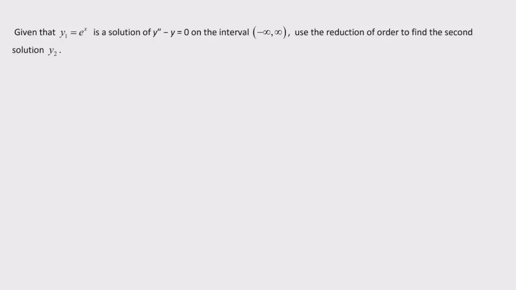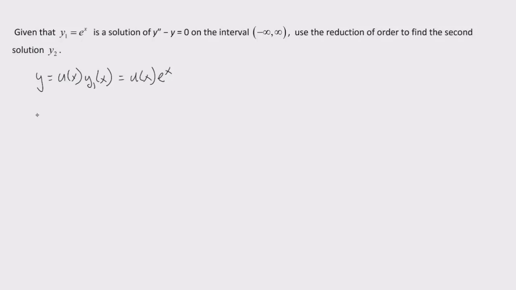Okay, so our general form would be y equals u of x times y1 of x, which equals u of x e to the x. Then we want to find y double prime from this function.